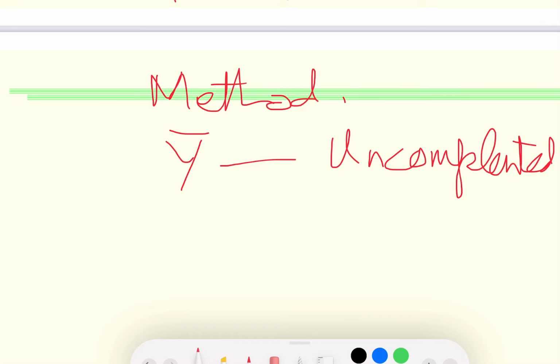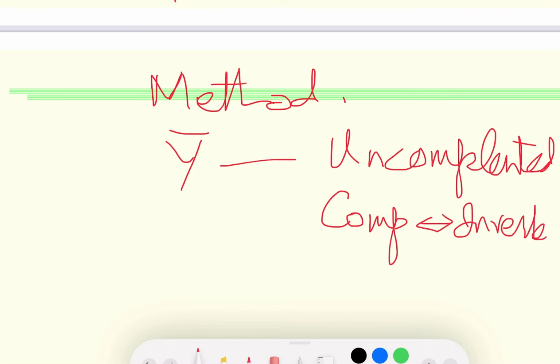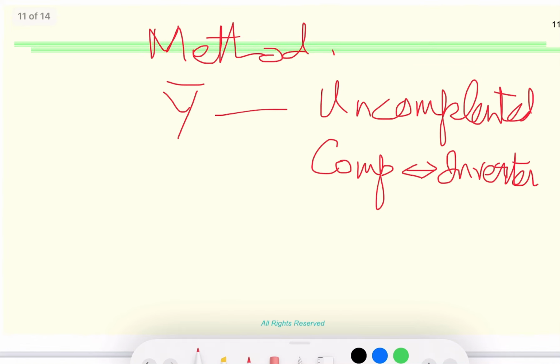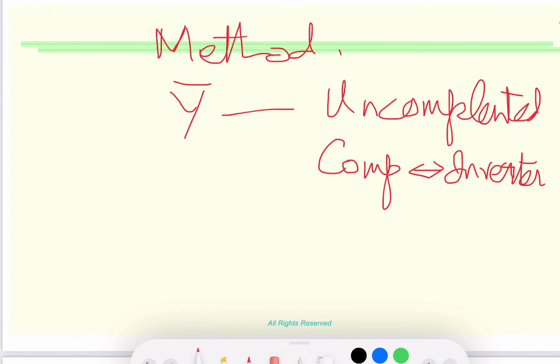Now, if there are complemented inputs, we just add an inverter to express them.